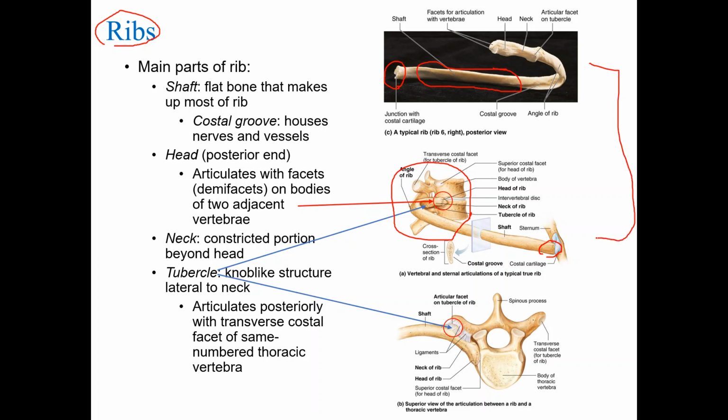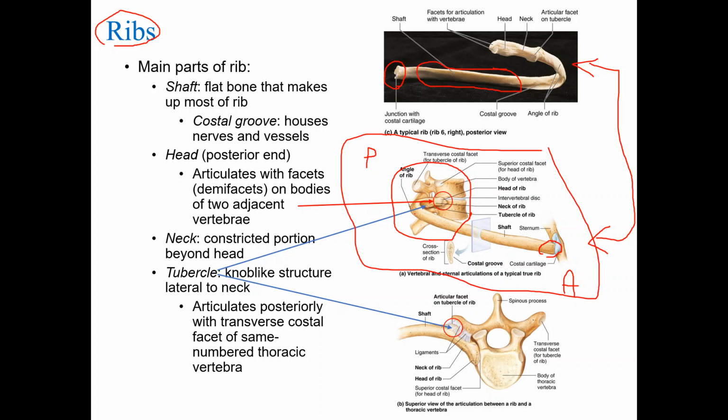These two are oriented in different ways, so you have to be able to recognize that on your own. And it definitely helps when you have the vertebrae there, so you know that ribs will articulate posteriorly with the vertebrae, so you know that this is the anterior part, and this is the posterior part in this diagram here.